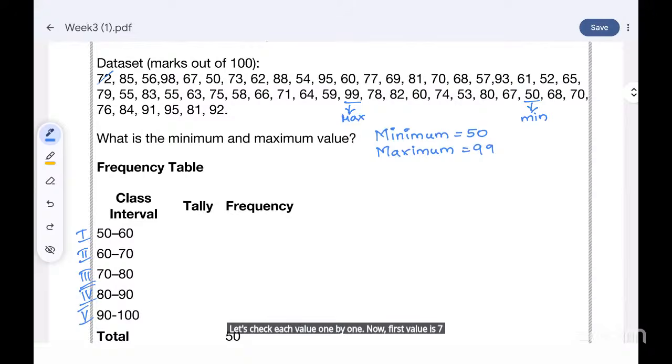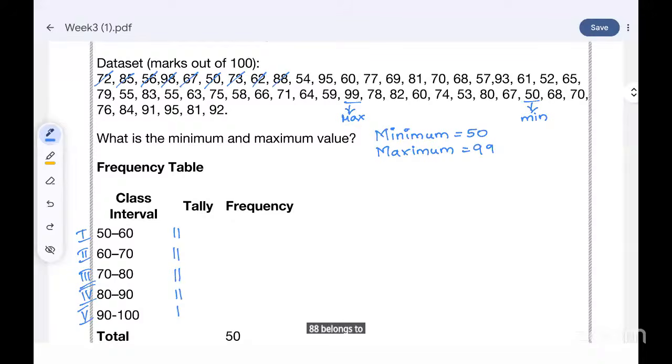72. So 72 belongs to which class? Third class. 85 belongs to which class? Fourth. 56 belongs to? First class. 98 belongs to? Fifth class. 67 belongs to? Second class. 50 belongs to? First class. 73 belongs to? Third class. 62 belongs to? Second class. 88 belongs to?